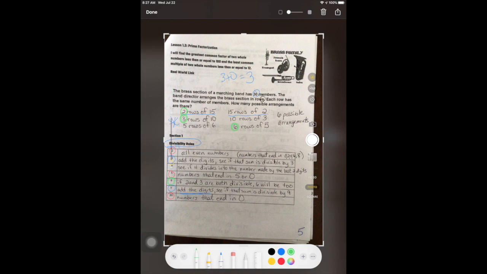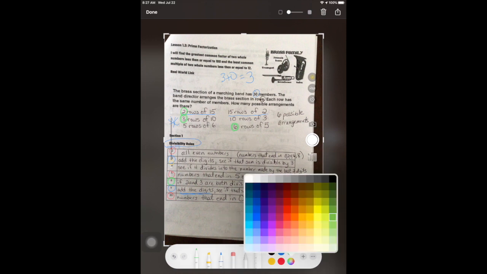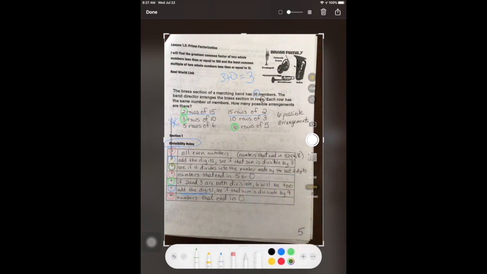I love that rule because as soon as I find 2 and 3 are both factors, I know immediately that 6 is a factor as well. The last rule I'm going to go over is this 4 rule right here. For the 4 rule, you make a number off the last 2 digits and see if 4 divides into it. Now, 30 is just a 2-digit number, so I need to know if 4 divides into 30. I know it does not, so I would not list 4s in my number here.